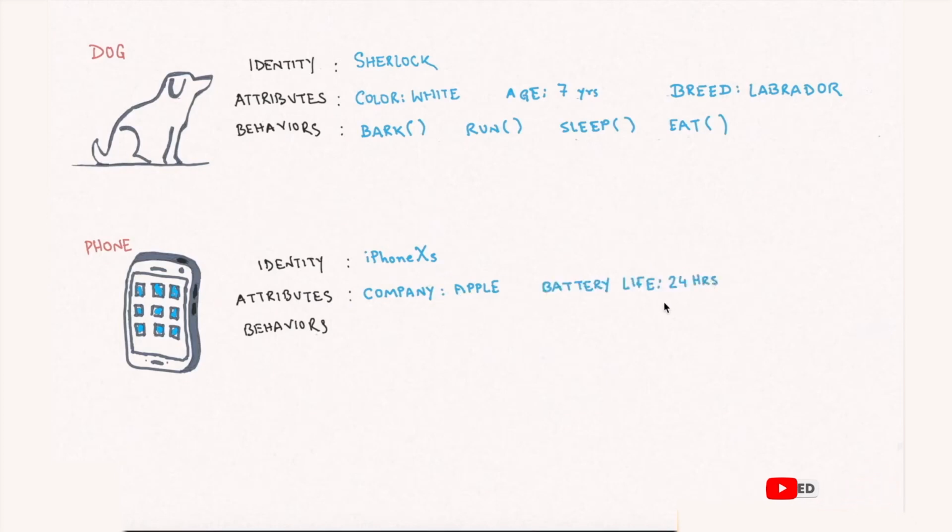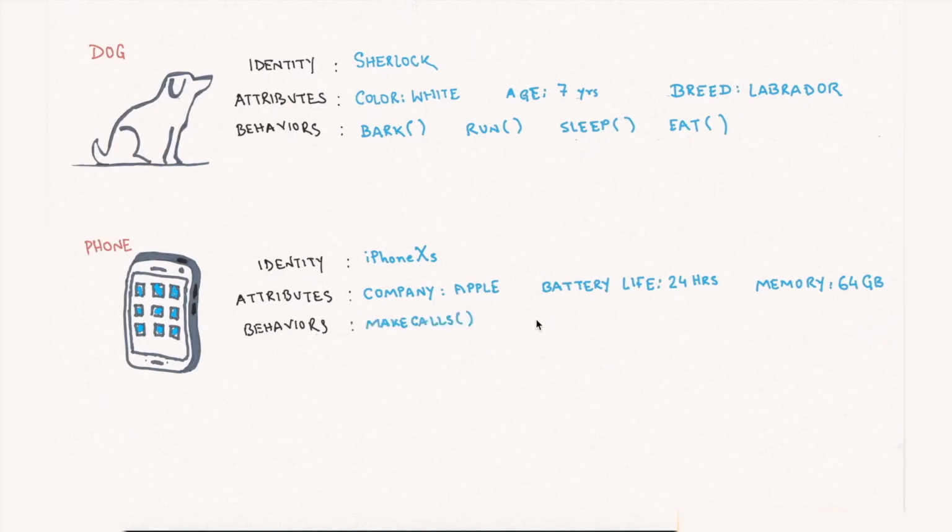Let's say another attribute can be battery life, and the value of that attribute, let's say, is 24 hours. Another attribute can be its memory. So let's say the value of the memory attribute for iPhone XS is 64 gigabytes. What kind of behaviors can this phone have? What kind of abilities can this phone have? What can this phone do?